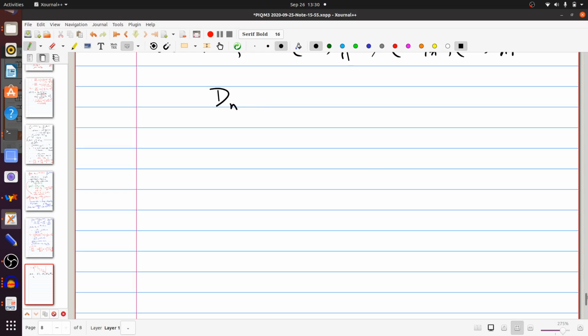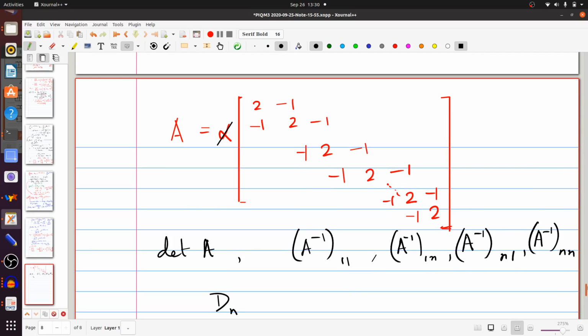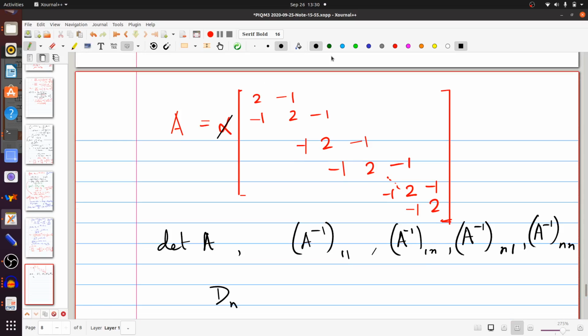Now, in order to find a formula for dn, what we will do is we will simply go by elementary matrix theory. If you look at the top row here, there are only 2 non-zero elements, 2 and minus 1. So you can expand this out by writing equals 2 times the cofactor of this plus minus 1 times the cofactor of minus 1.